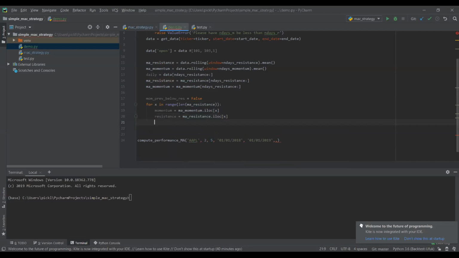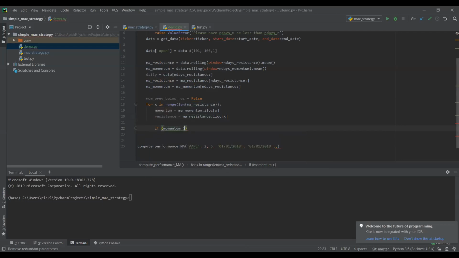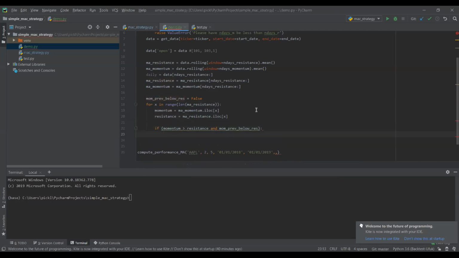And we are going to do a bunch of if statements to compare these values. So if momentum is greater than the resistance and you were previously below the resistance, that means the momentum is surpassing the resistance at that moment. We want to issue a buy signal.